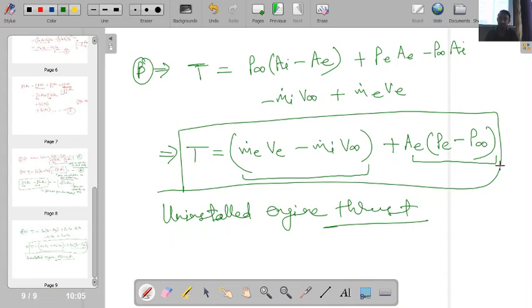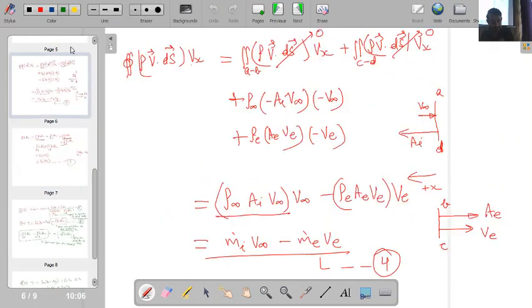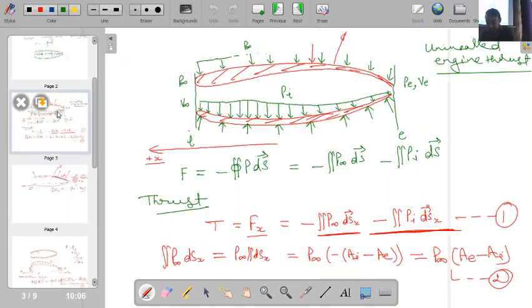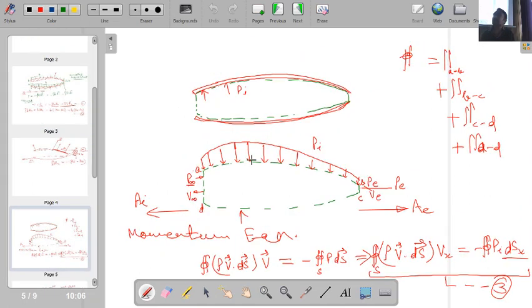Okay, so earlier, if you don't use the momentum equation, then one has to first exactly find out this pressure distribution over the surface.